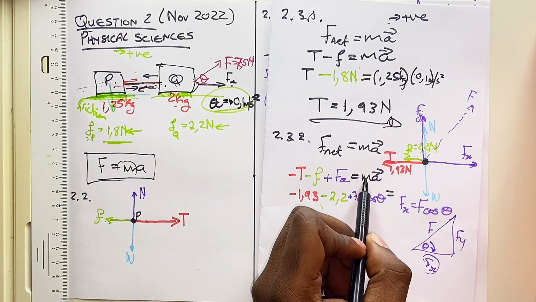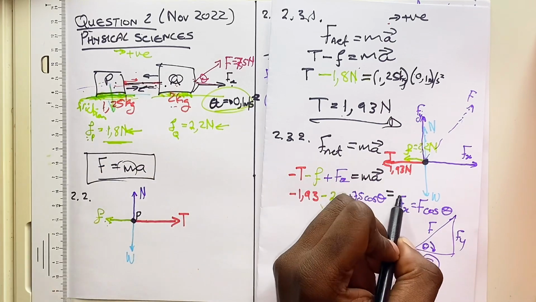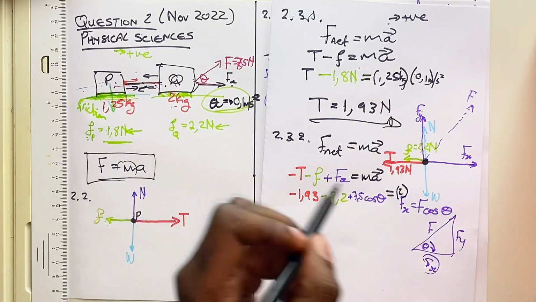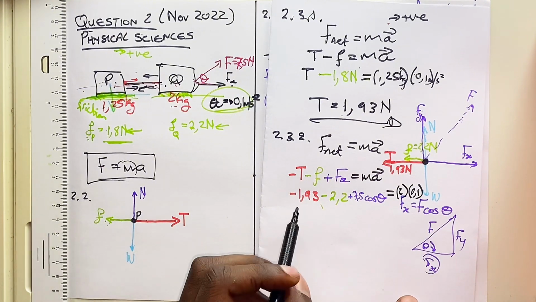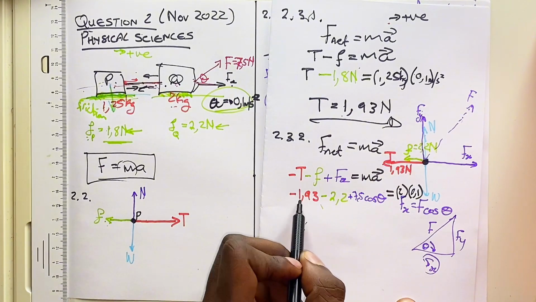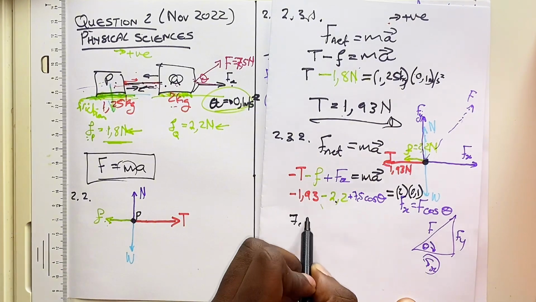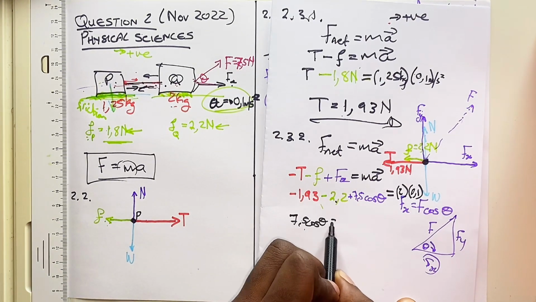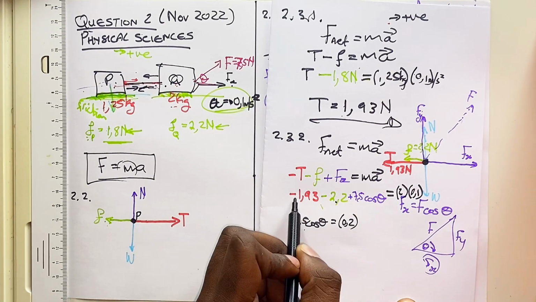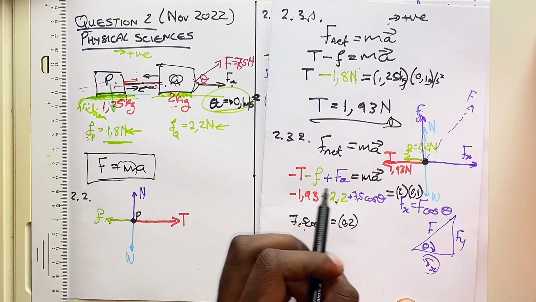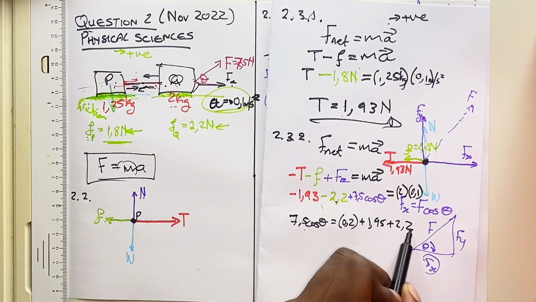Our m is the mass of Q, which is 2 kg, and acceleration is the same, which is 0.1. Now we transpose, take them to the other side, and we will have 7.5 cos theta equal to 0.2. If you transpose those to the other side, you will have positive 1.93 and positive 2.2.